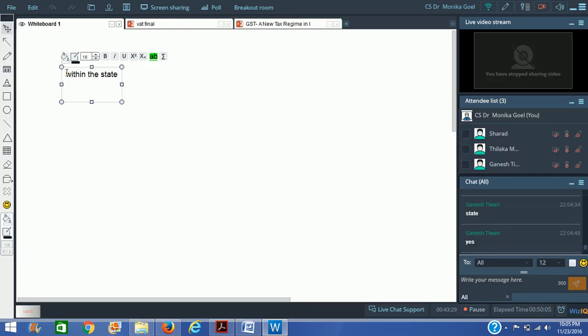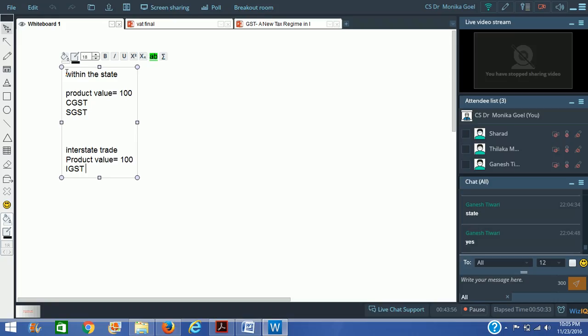Okay, ji? So now, this is clear. So that means that if I am selling within the state, so if my product cost or the product value is rupees 100, I will levy CGST and then I will levy SGST, and then I'm going to calculate the amount.